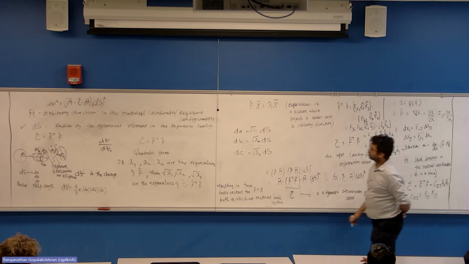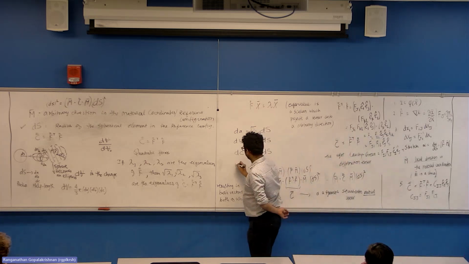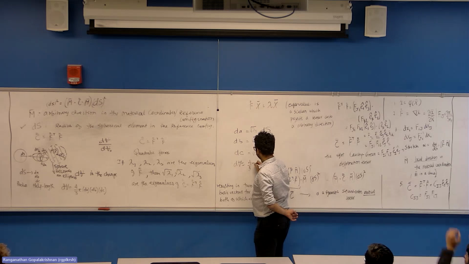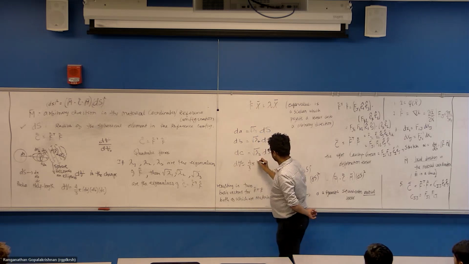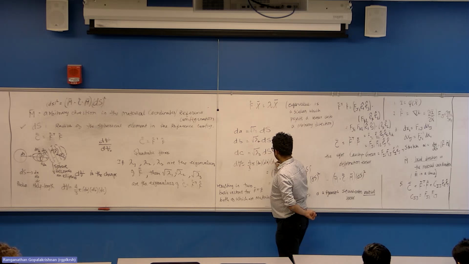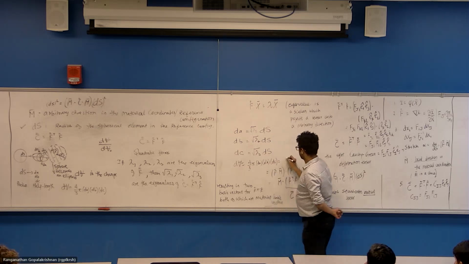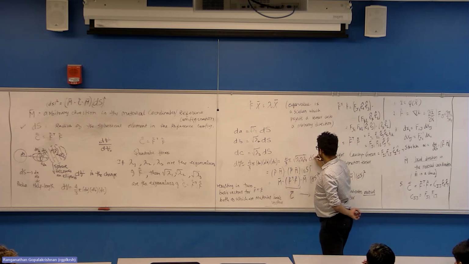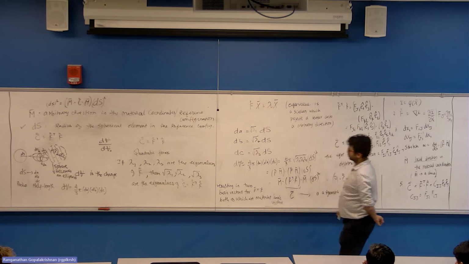So if I want to calculate the change in volume dV, this is 4 by 3 pi dA dB dC. This is 4 by 3 pi square root of lambda 1, lambda 2, lambda 3 multiplied by ds cubed.